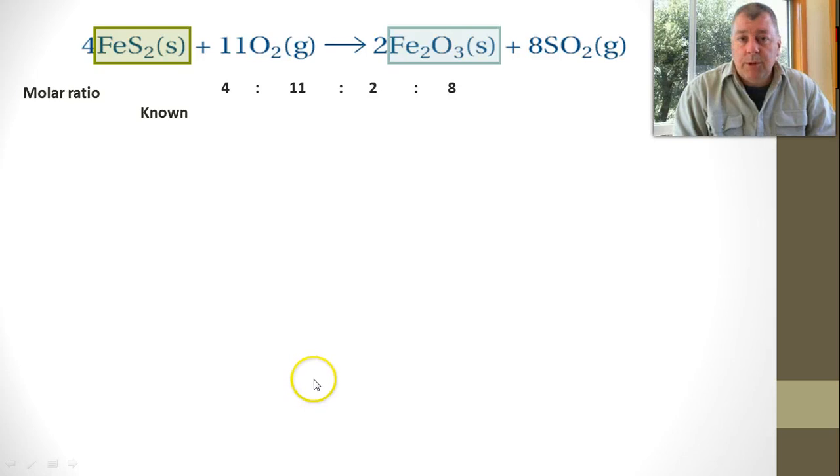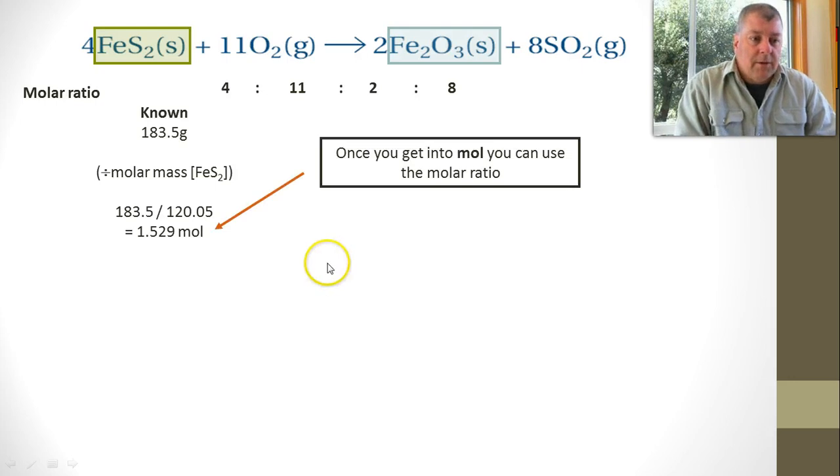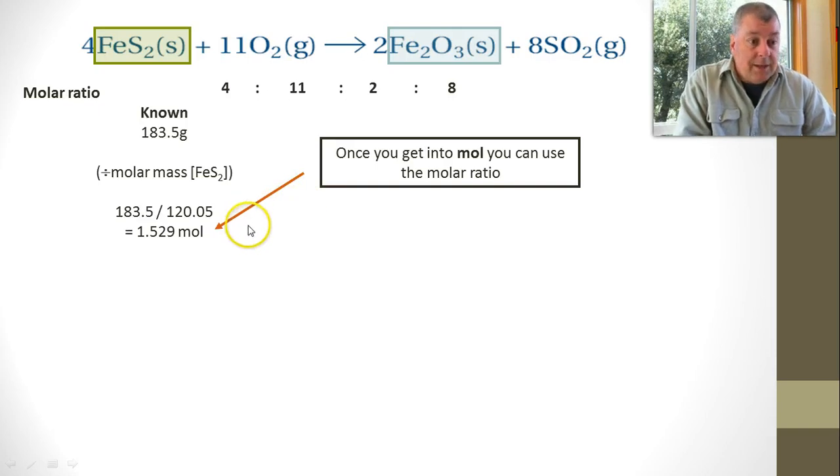First of all, we work with our known. We've got a mass, and we need to convert that mass to moles. So we divide by the molar mass and we get that answer. Once you get to the moles, you can then use the molar ratio, which is 4 to 2.